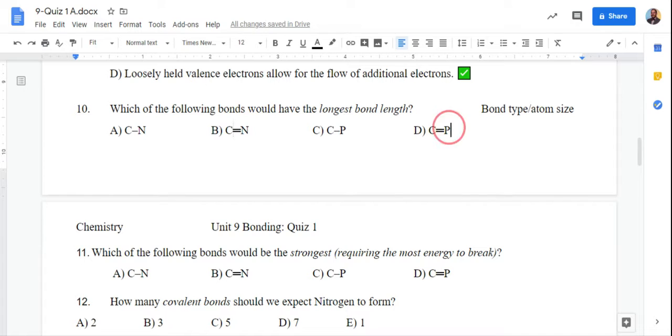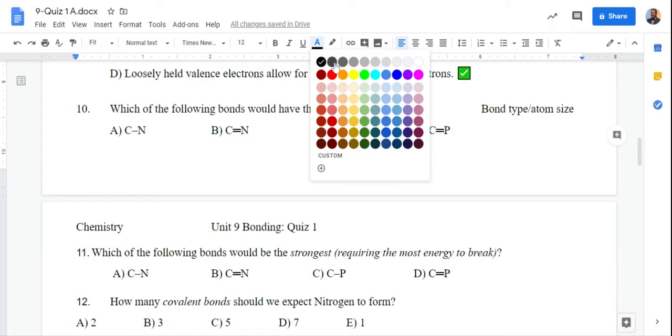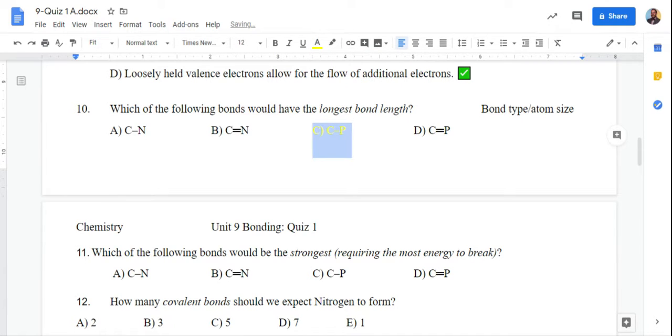So we can automatically rule out the double bonds. So then between A and C, we have nitrogen versus phosphorus. The larger atom will give the longer bond, and that's going to be carbon and phosphorus, because we know phosphorus is below nitrogen on the periodic table, so it's bigger. So this bond is going to be longer.